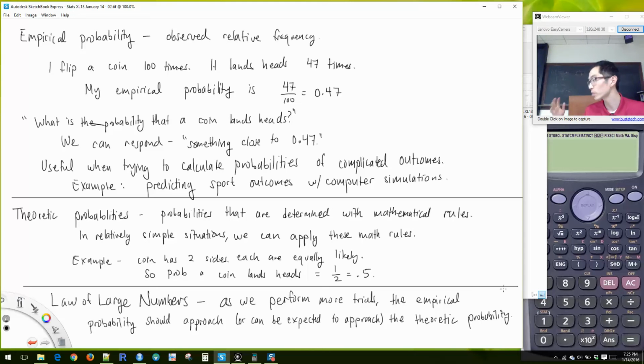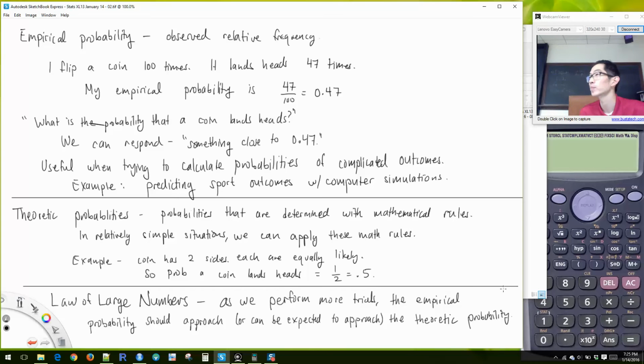But in the long run, as more and more people play, the games are always designed to favor the casino, and so they can count on the empirical results matching what they expect theoretically.